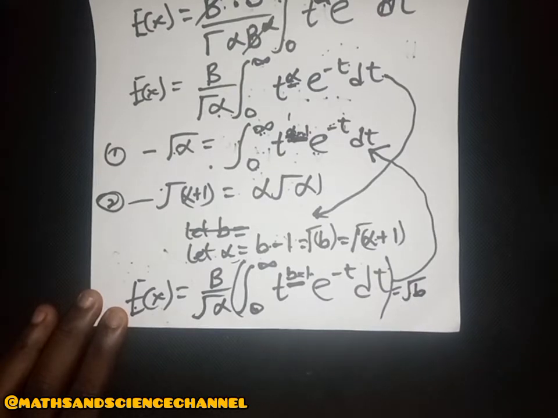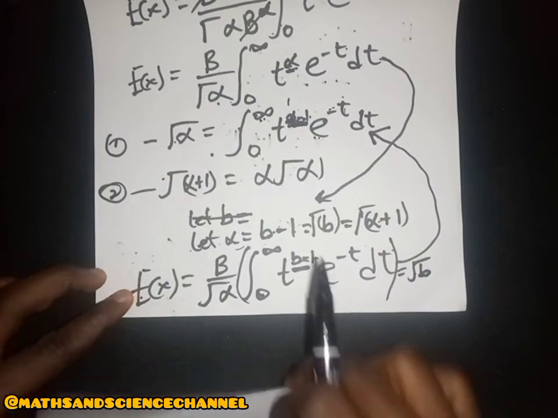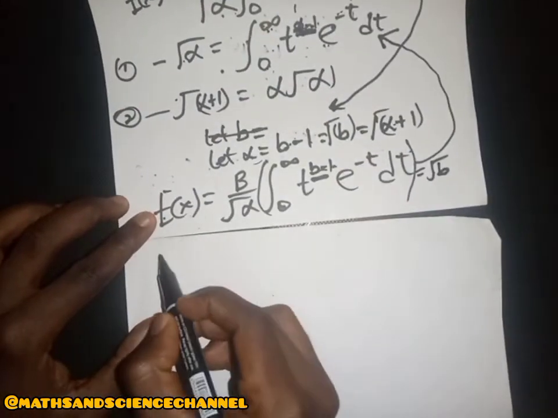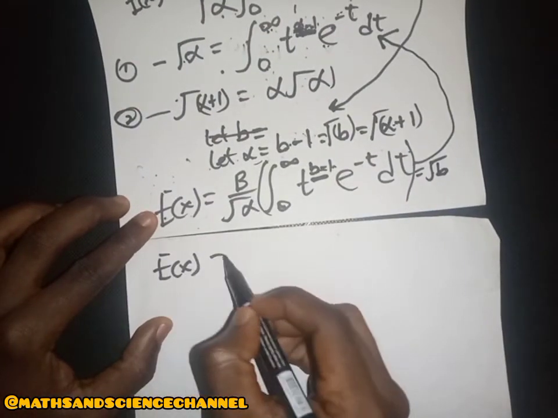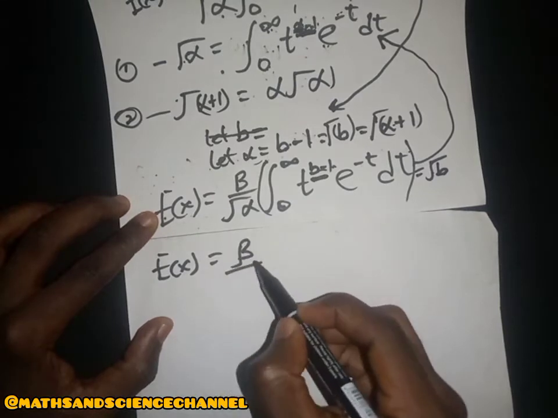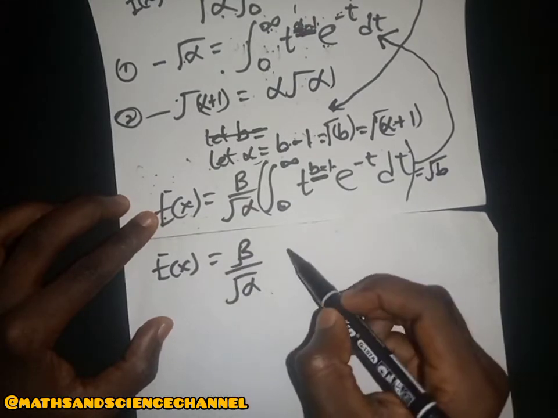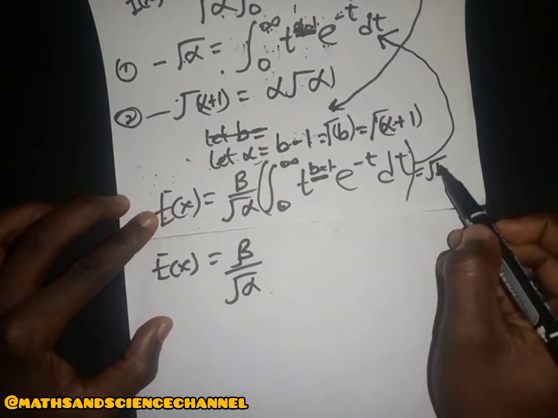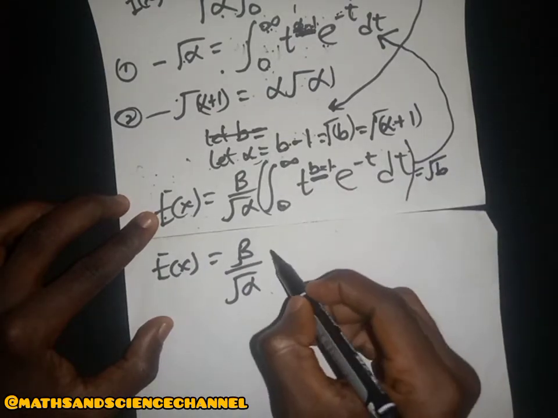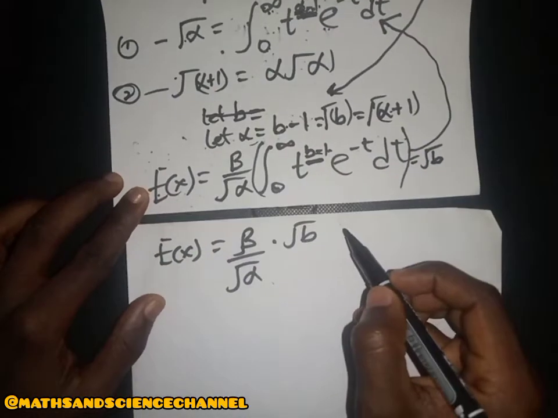Now if that is the case, we have our E of x being equal to beta divided by the gamma of alpha here, and then the whole of that being the gamma of b, right?